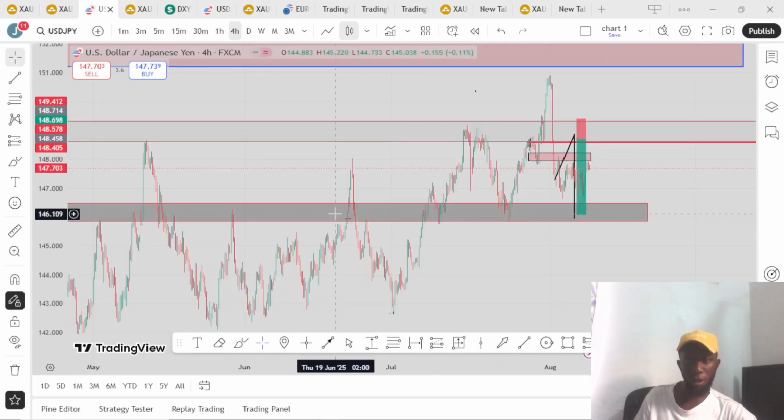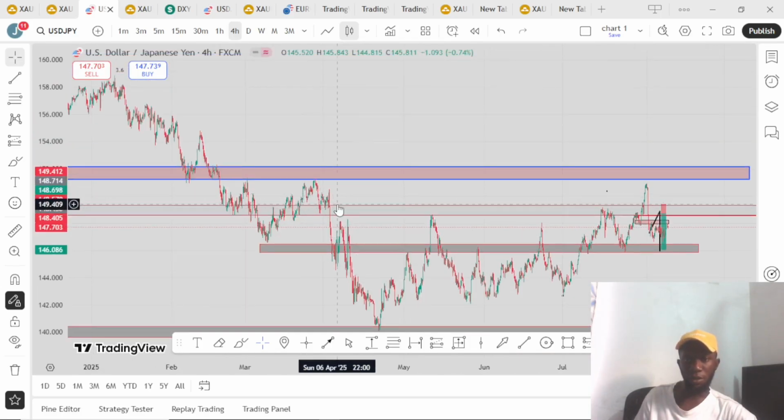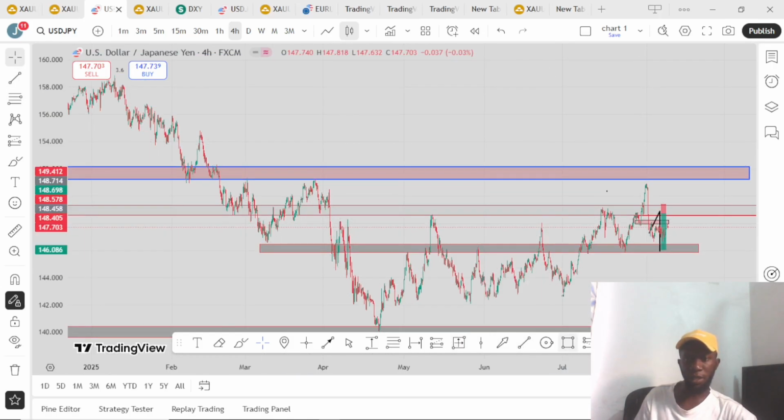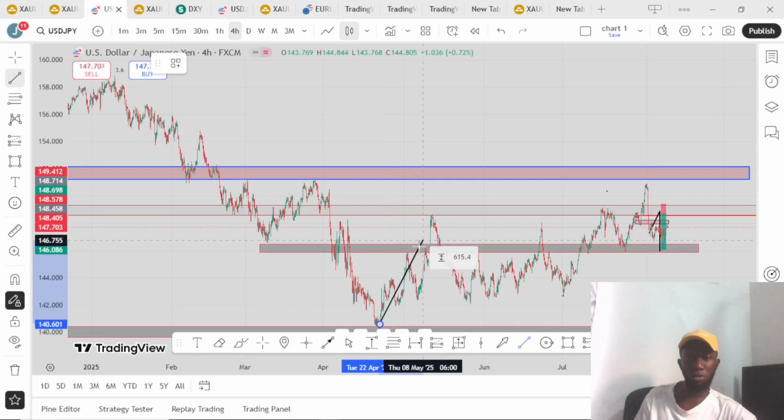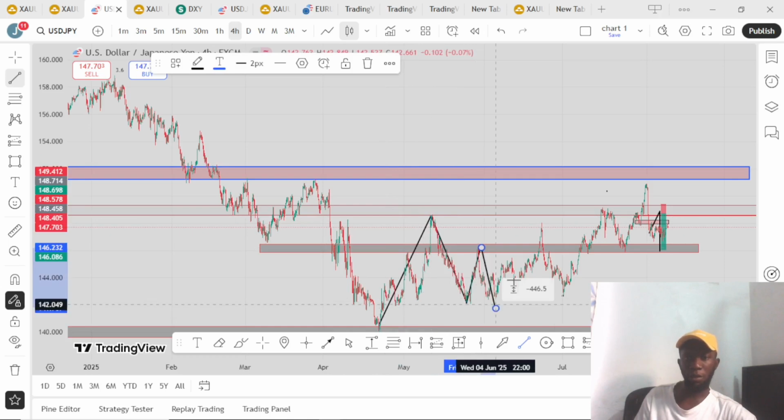And even though this particular pair is still ranging, guys, it's still within this range for a long time, and based on the kind of move that this pair is making, I think the best thing to do is to avoid it, because there is not a consistent pattern of market structure. You see it, it's going up, it came down, now it formed this again, it came down.